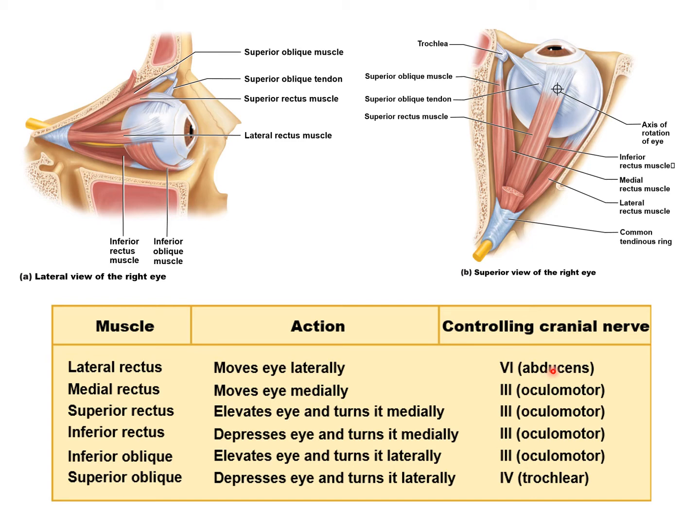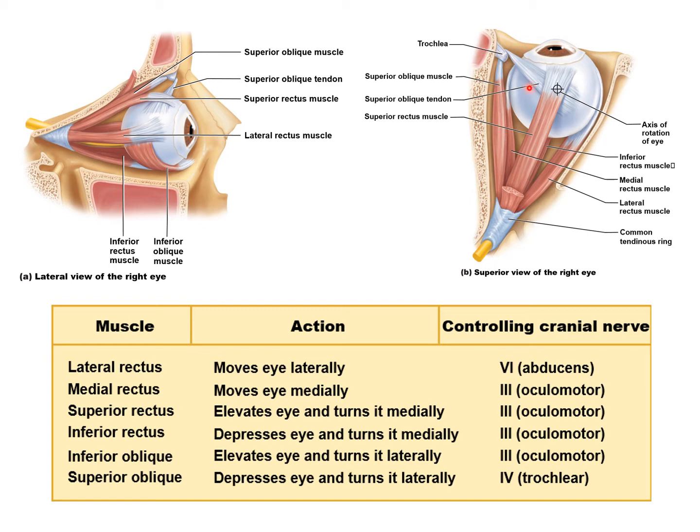Abducens, we'll just think abduct. Which muscle of the eye abducts it? Remember, laterally, another way to say it is abduction. So that's all the lateral rectus does, moves the eye laterally or abducts it. There's your abducens nerve control for the lateral rectus. Cranial nerve 4 is the trochlear nerve, and remember, a pulley is called a trochlea, this little loop that this muscle tendon goes through.